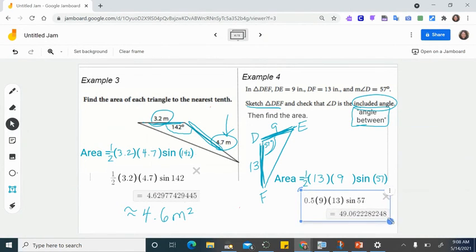And it tells us that the area of this one is about 49.1. And then we got to figure out what units. In this case, inches squared. Anytime it's area, your answer is square units. So inches squared. All right, there you go. There's a quick little video for you.